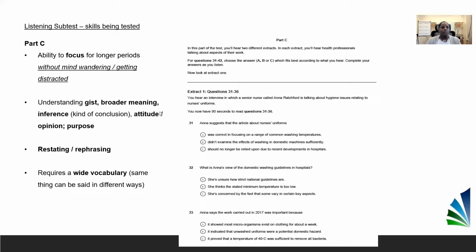Or I'm having problems with attitude and opinion. Can we focus on that? And spend a little time focusing on each type of question. OET materials are set up in such a way that they can do this.